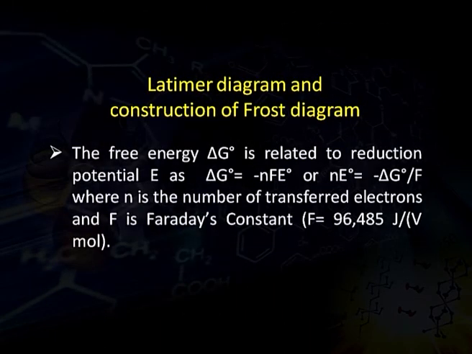The Frost diagram is constructed using the free energy delta G naught, which is related to the reduction potential as delta G naught equal to minus NFE, or N E naught equal to minus delta G naught upon F. This delta G naught is the standard change in the free energy, and this minus delta G naught means decrease in the standard free energy divided by the Faraday constant.